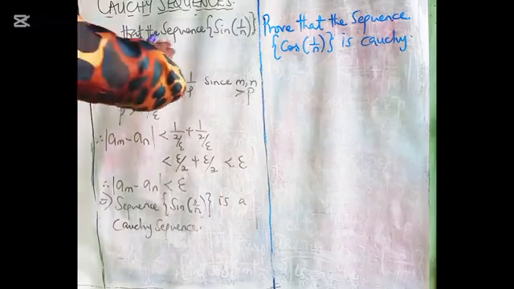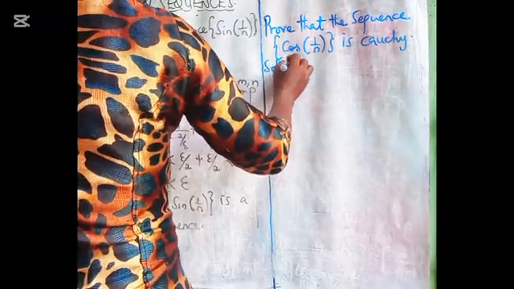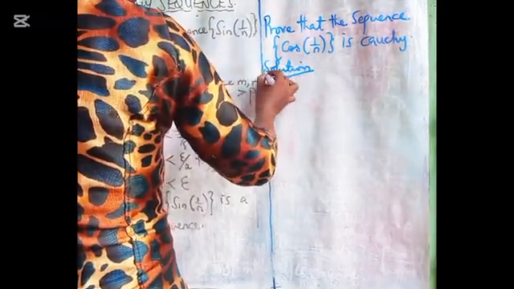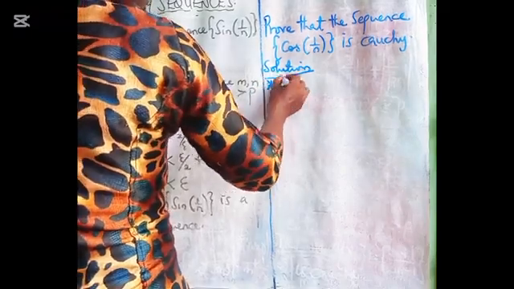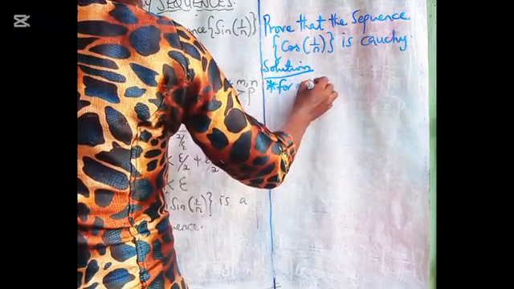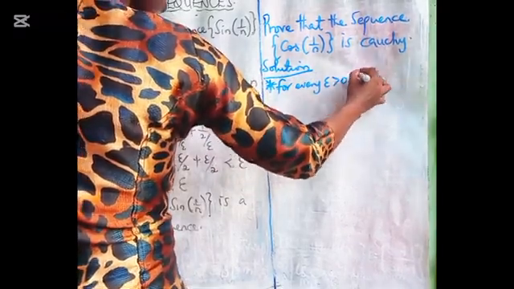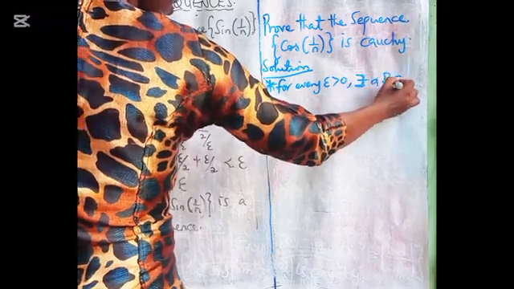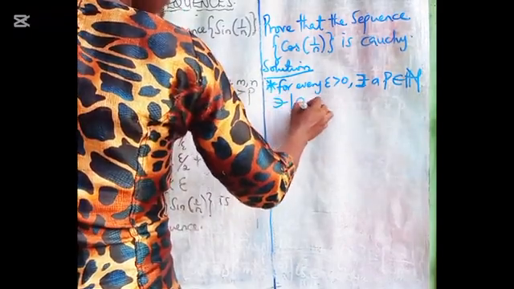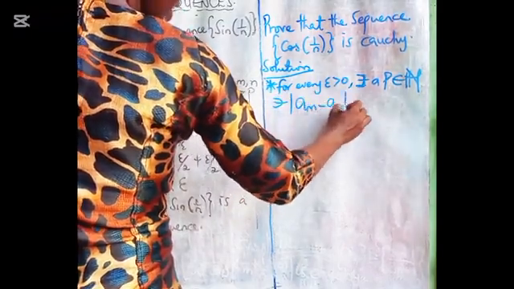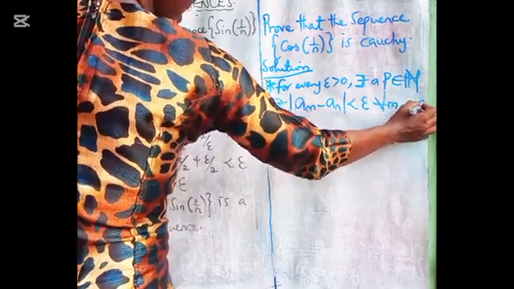In the same way we have proved this, we will also prove this, but as I usually say, the first thing we need to do is to recall the definition of Cauchy. For every epsilon greater than 0, there exists a p belonging to natural numbers such that a sub m minus a sub n is less than epsilon for all m, n greater than p.